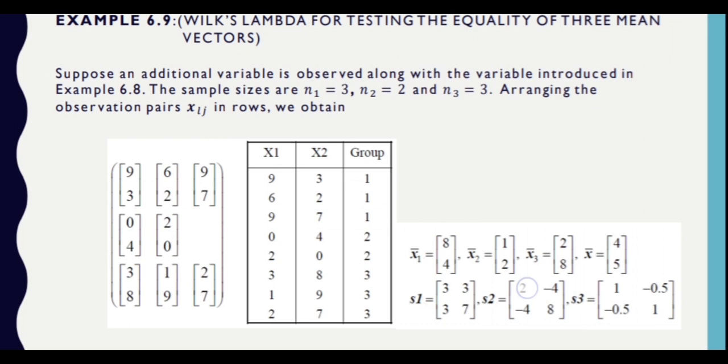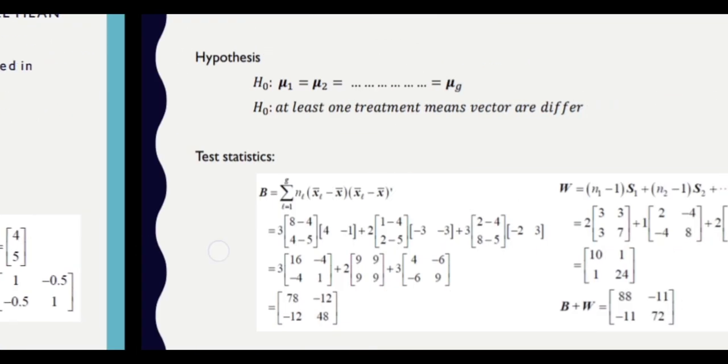Here 2 pula adalah variance for first variable in second population. Gunakan value kat population yang kedua sahaja untuk dapatkan variance and covariance. Same goes with S3. Okay, so now we have the matrix, the mean vector dan juga covariance matrix for each of the population.